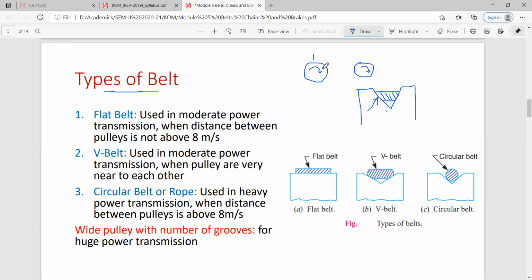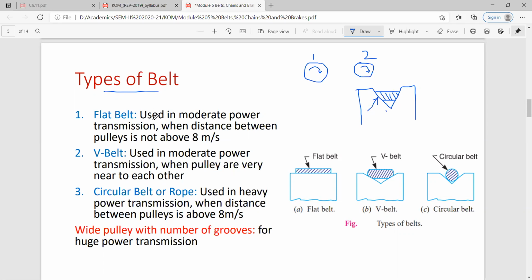Slip will occur at two places, between belt and driving pulley, and second between belt and driven pulley. So there will be double loss of power. So there must be sufficient friction between belt and pulley surface.